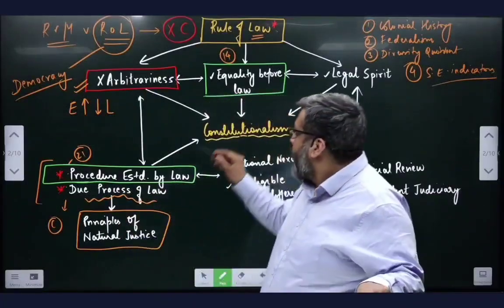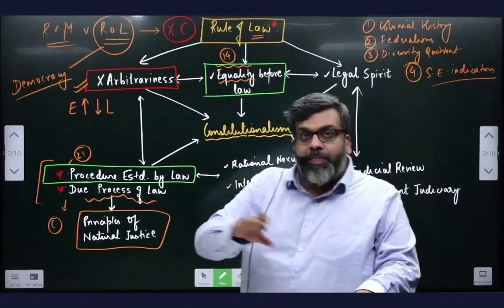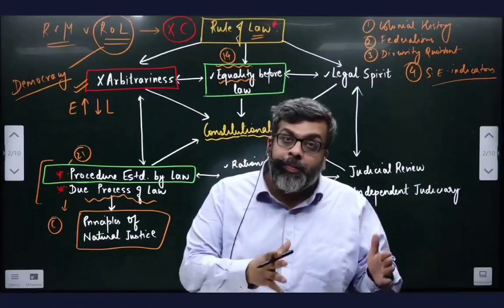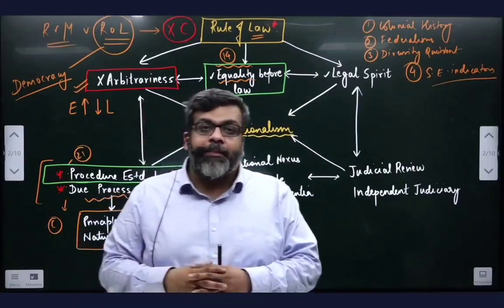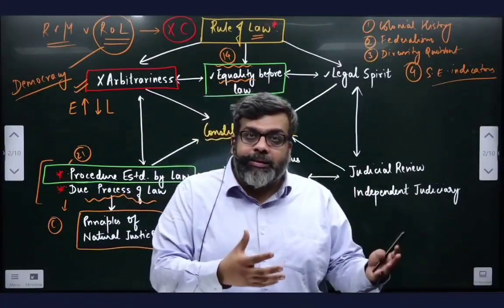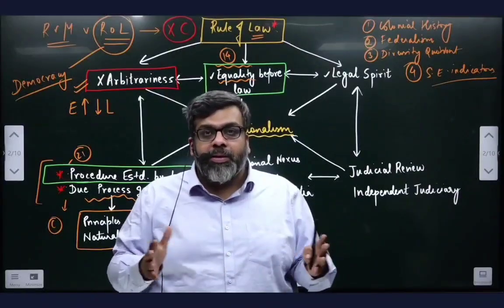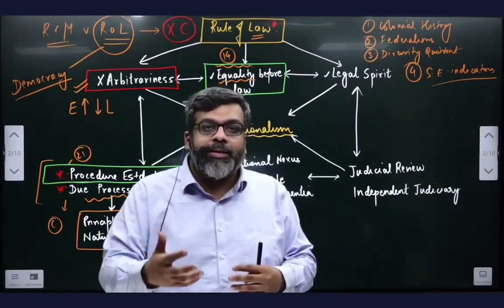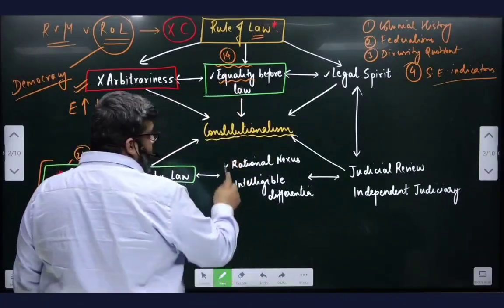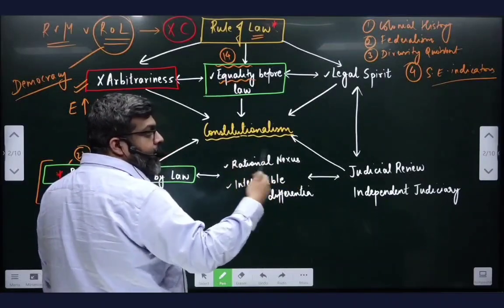And of course, over a period of time, you'll understand equality doesn't just mean everybody being treated equally, but it also means that people who should be treated equally are treated equally, and people who are different, who are disadvantaged, where there are special circumstances, could receive some amount of what is called differentiated treatment, which is why when you study equality before law, you also understand two very important concepts in the Constitution.